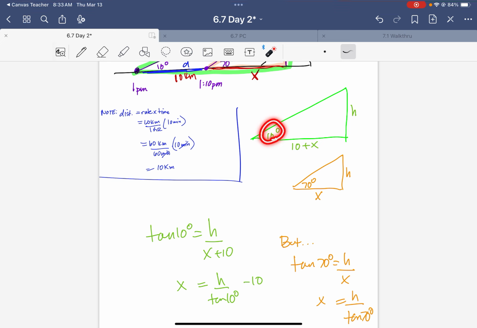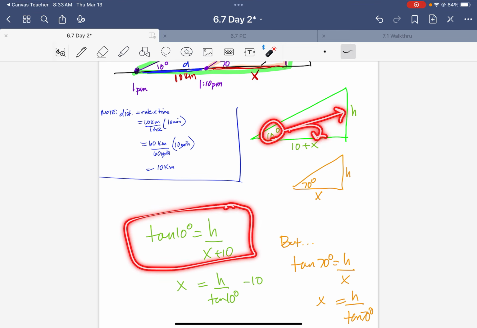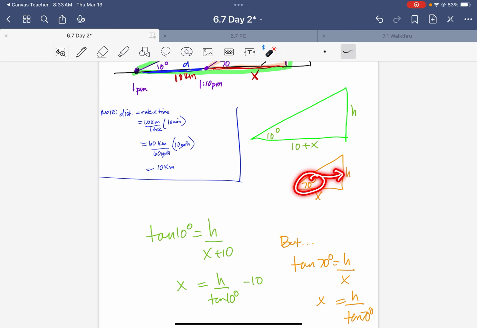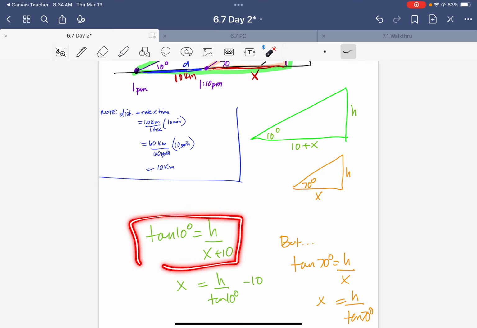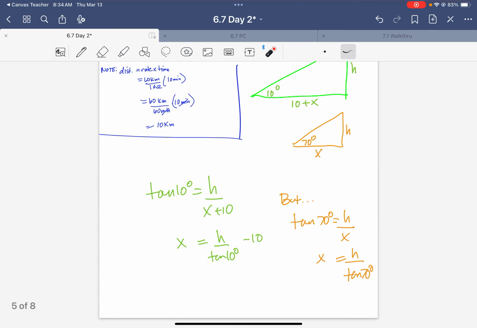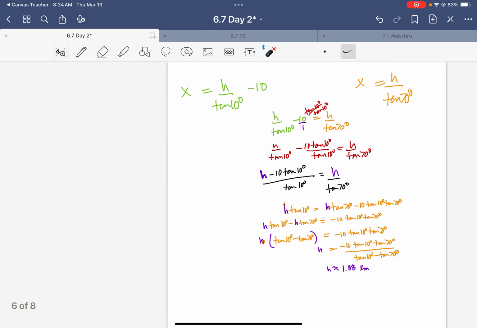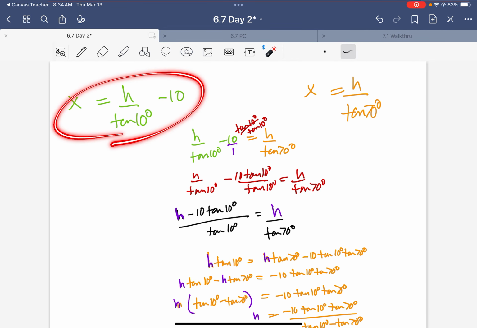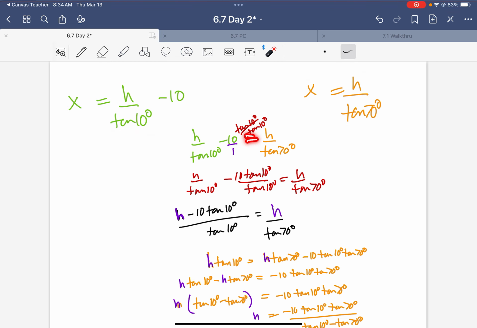So for this, its opposite over adjacent is its tangent for 10 degrees. And for 70 degrees, its opposite over adjacent is its tangent. So now I have two relationships for x and h. It's like two equations and two unknowns. I solve this for x and this for x. Why would I do that? Because then if these are both equal to x, I can set them equal to each other.